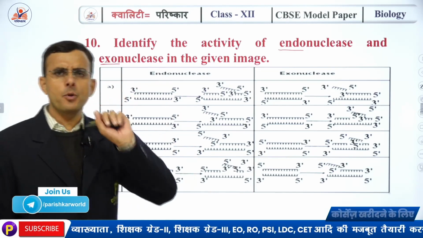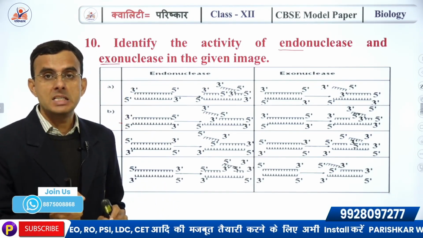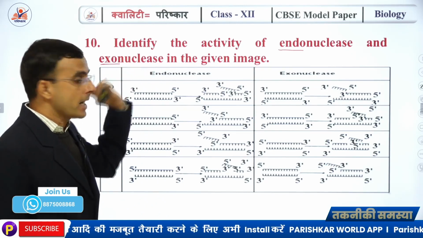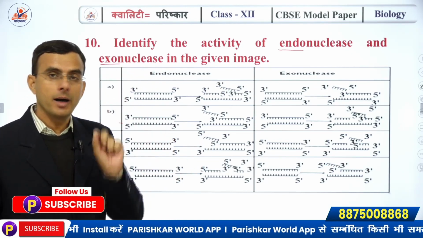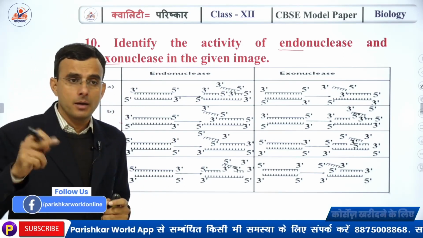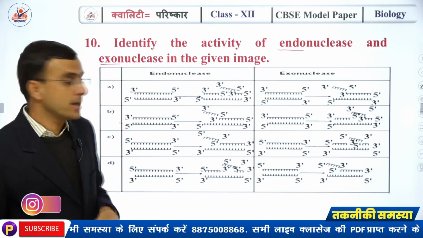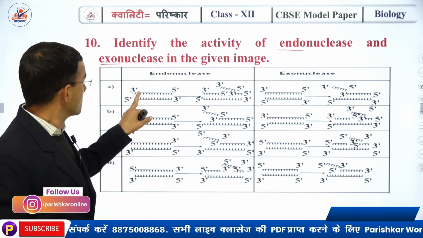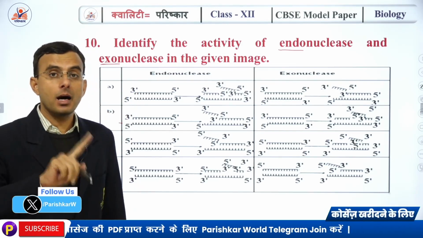One important thing is that endonuclease cuts the DNA from inside, and exonuclease cuts DNA from one end. The DNA is made up of two strands, and both strands are anti-parallel.